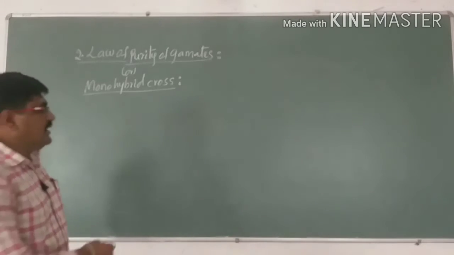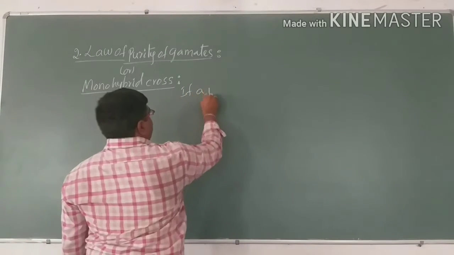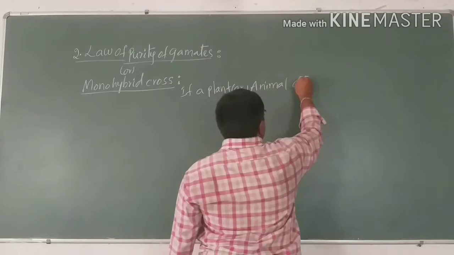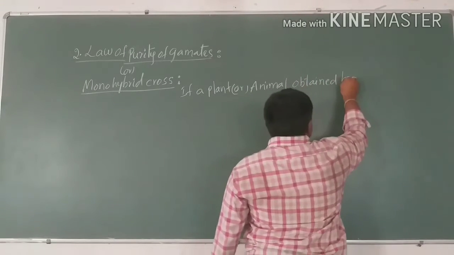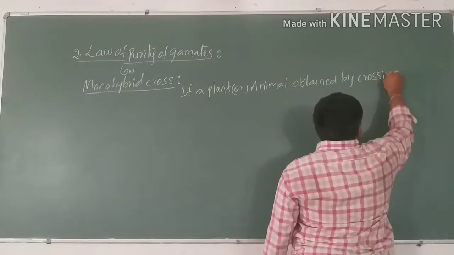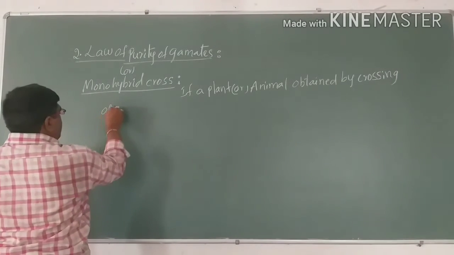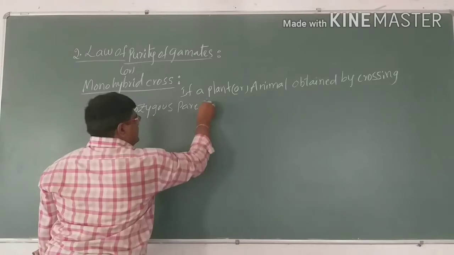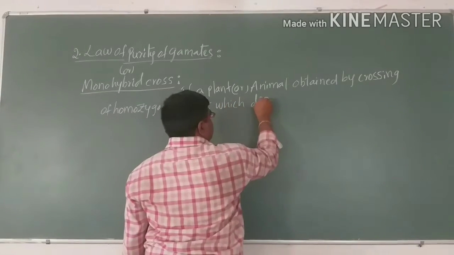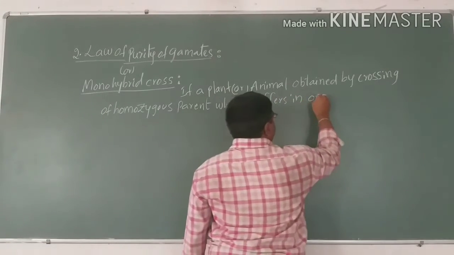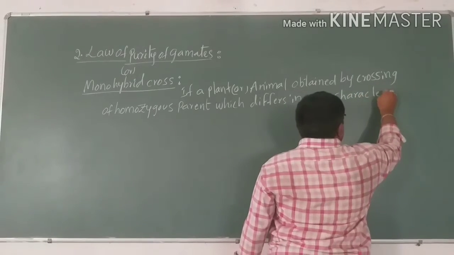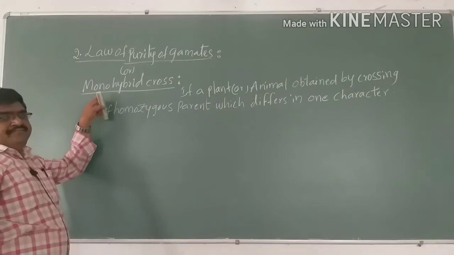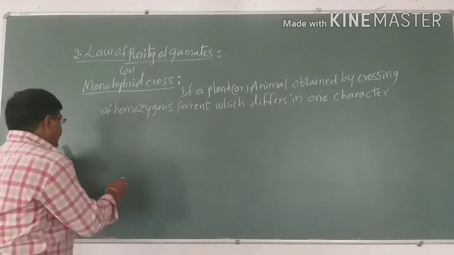If a plant or animal is obtained by the crossing of homozygous parents which differ in one character, then it is called a monohybrid cross.